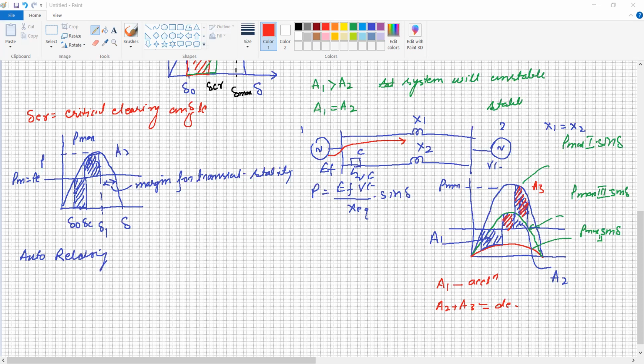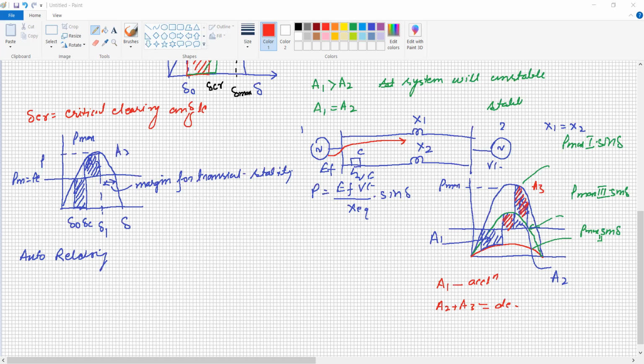Here, in this case, it is quite difficult to find the value of angle delta 2. So instead of taking delta 2, we are taking the maximum angle for our calculation purpose. Here, say this is the PM, so we can find this angle. It is at the maximum power intersection, because these two intersections are symmetrical.